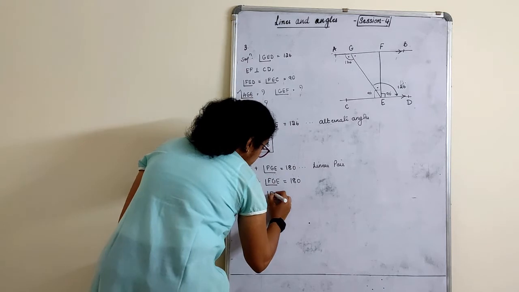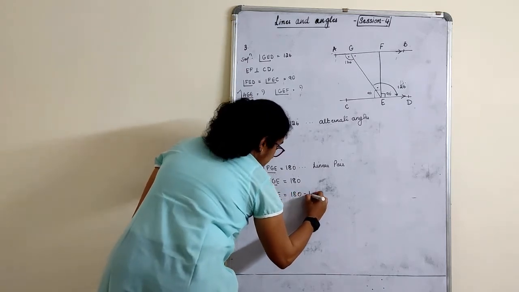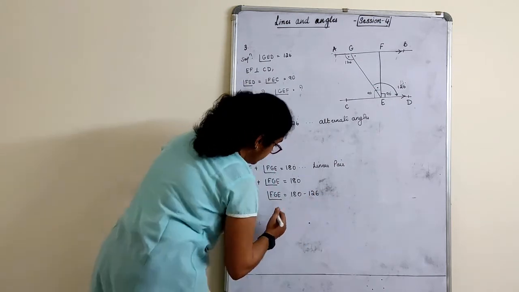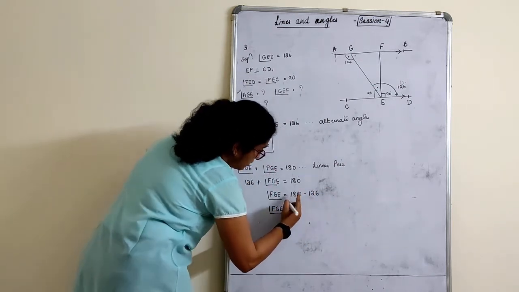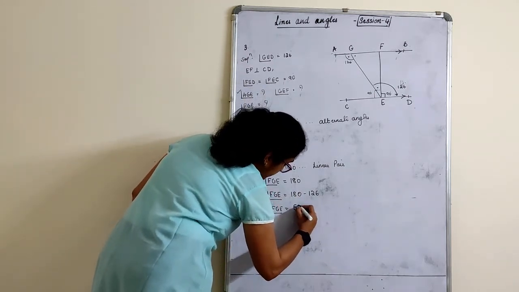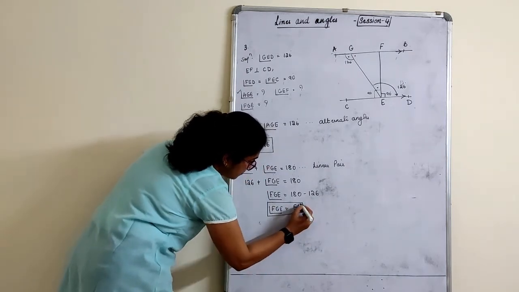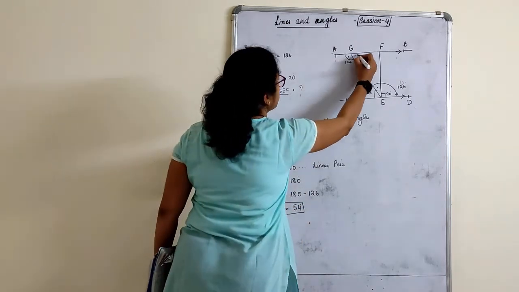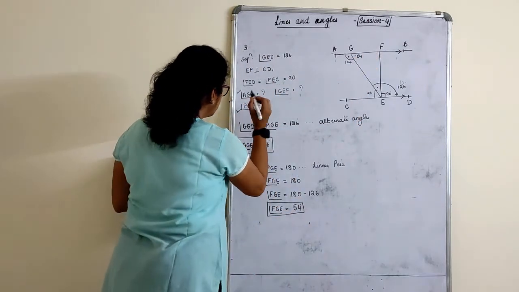Angle FGE is equal to 180 minus 126, which is 54 degrees. Correct? Done with this, we got it as 54. So FGE is also done.